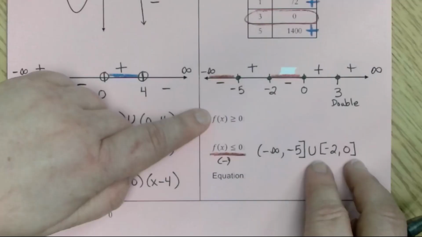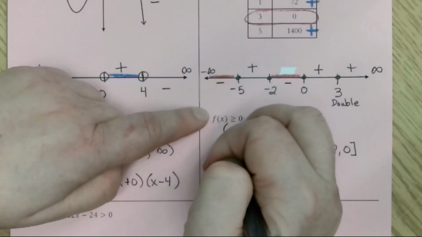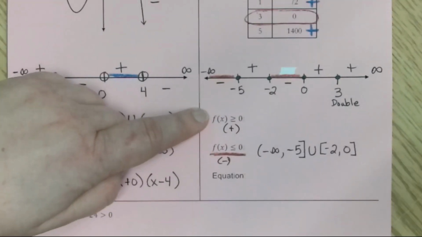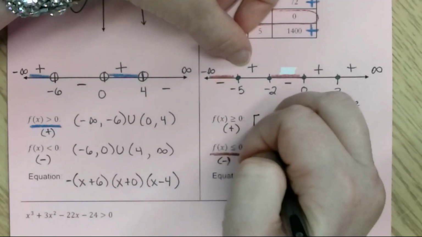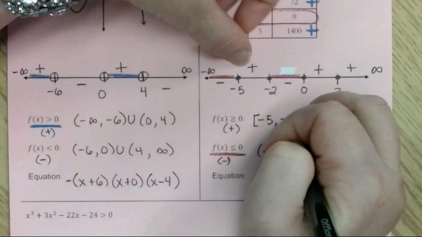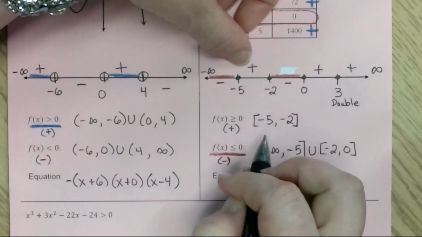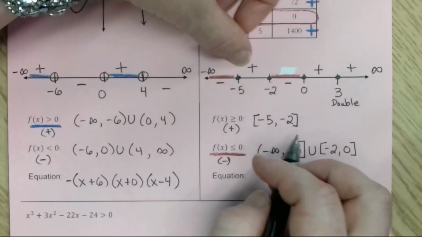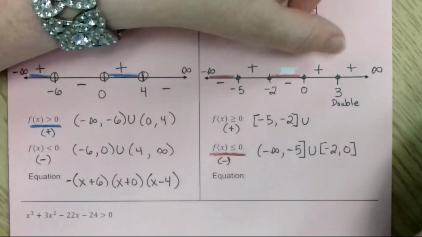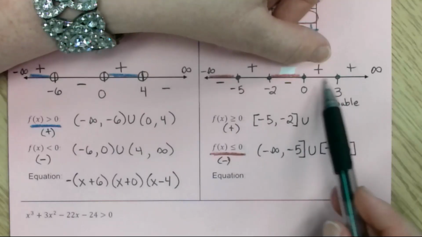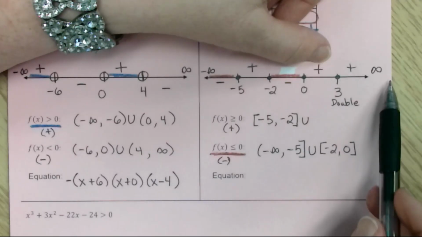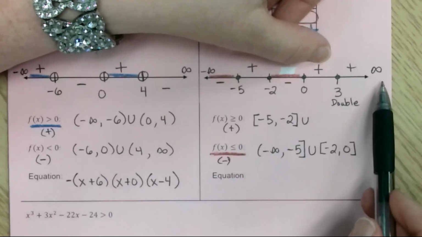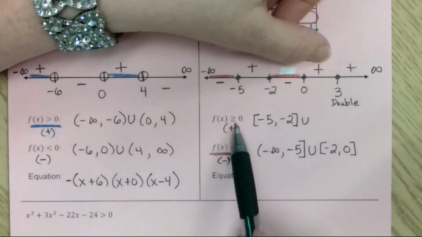Now let's look at our positive values. Okay, so also equal. So we're going to go from -5 to -2, brackets on both because they're solid dots. They're equal to 0. But now we have the quandary. Do I go from 0 to 3 and then 3 to infinity? You could, but it's equal to 0.